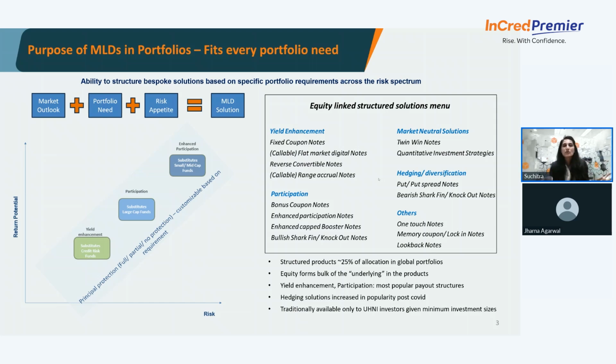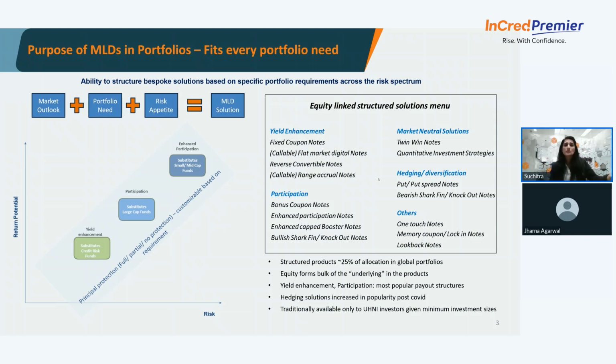I'm ready to allocate, let's say, 10% of my portfolio to protect 90% of my portfolio. I'm going to do a 10% allocation to a structure that will actually make money when Nifty goes down.